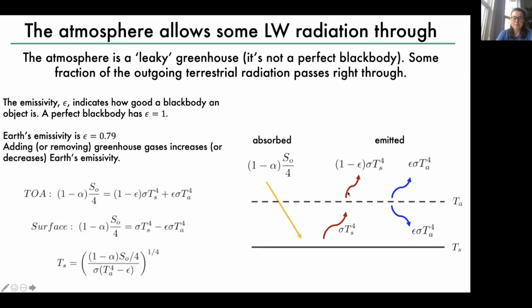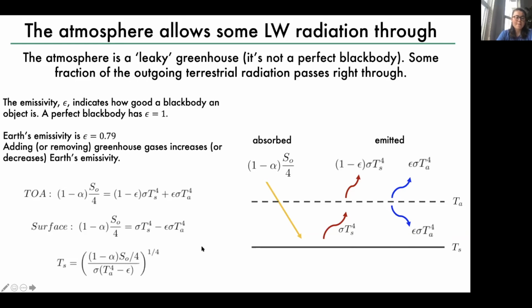So at the top of the atmosphere, we have a balance between these three terms, this equation here. And at the surface, we have a balance between this absorbed term and then these two terms, this terrestrial radiation and this atmospheric radiation.